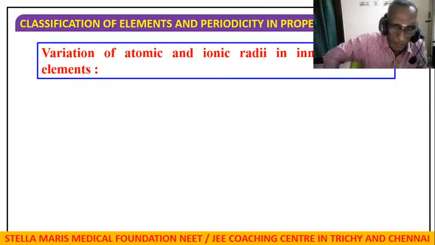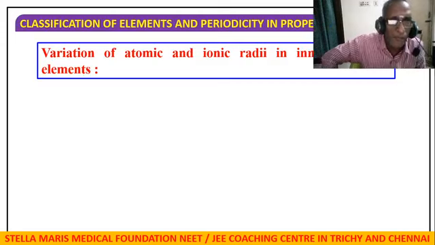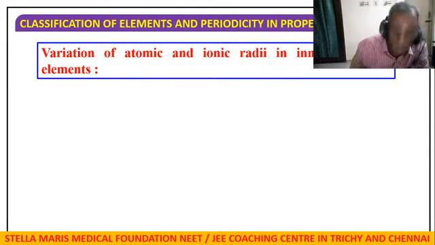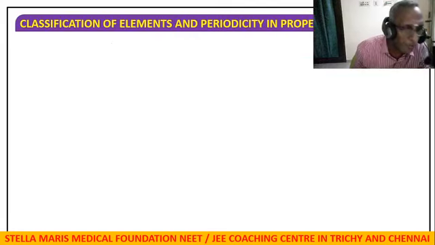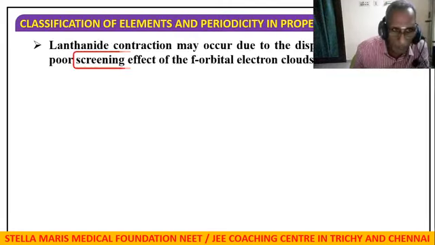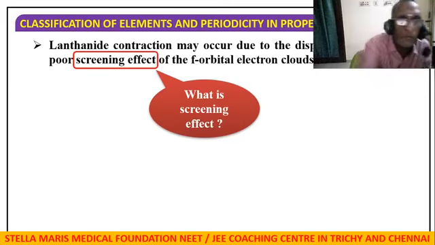You have seen that d block elements are called transition elements, and f block elements are called inner transition elements. In inner transition elements, additional electrons go to the innermost 4f and 5f subshells. Because of this, the contraction may occur due to the diffused shape and screening effect.